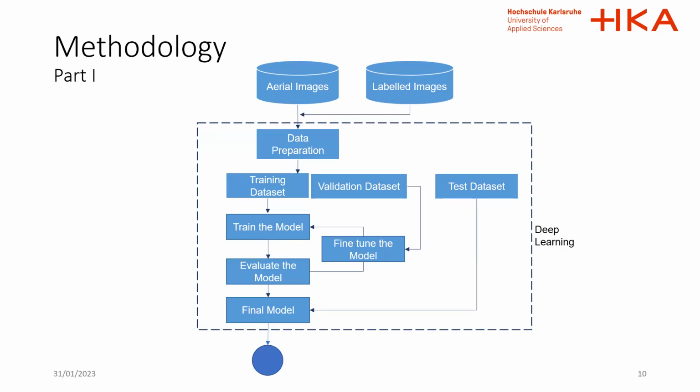So we will have the aerial images, which are the satellite images of the roofs of a specific area. I have taken a small part of Munich. And we similarly have the labeled images, which were labeled by the students at TUM. So we prepare the data, and we separate this data into the training dataset, validation dataset, and the test dataset.